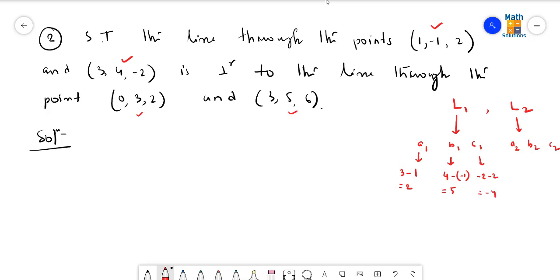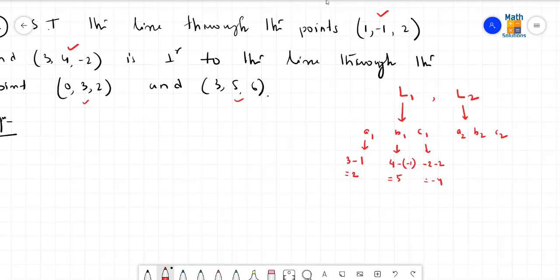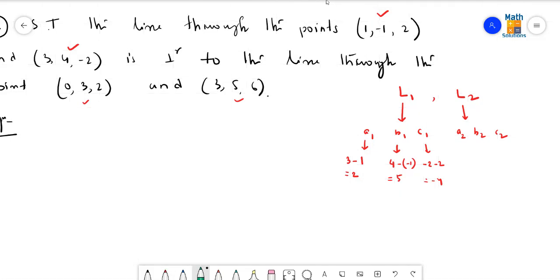Then at the same time the direction ratios for this second line, what can we get? 3 minus 0, the result could be 3. Then for B2 it will be 5 minus 3, the result could be 2. Then for this one it will be 6 minus 2, answer will be 4.